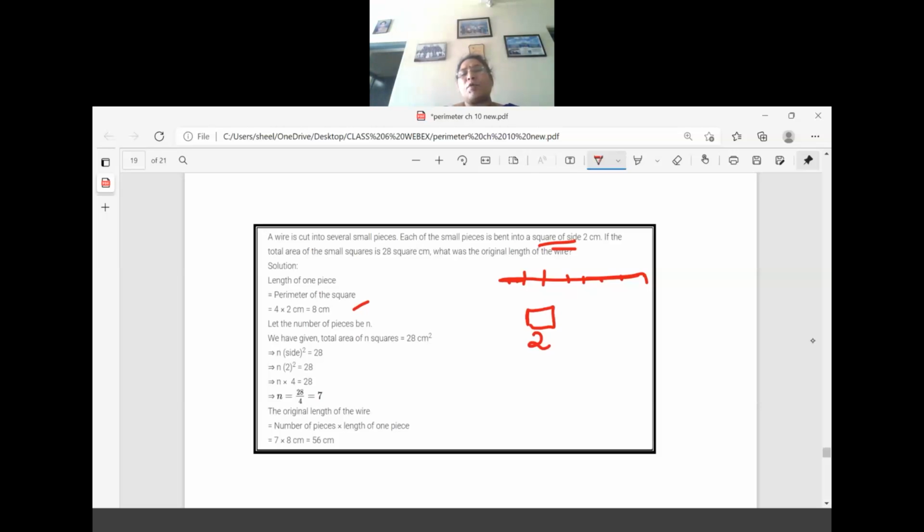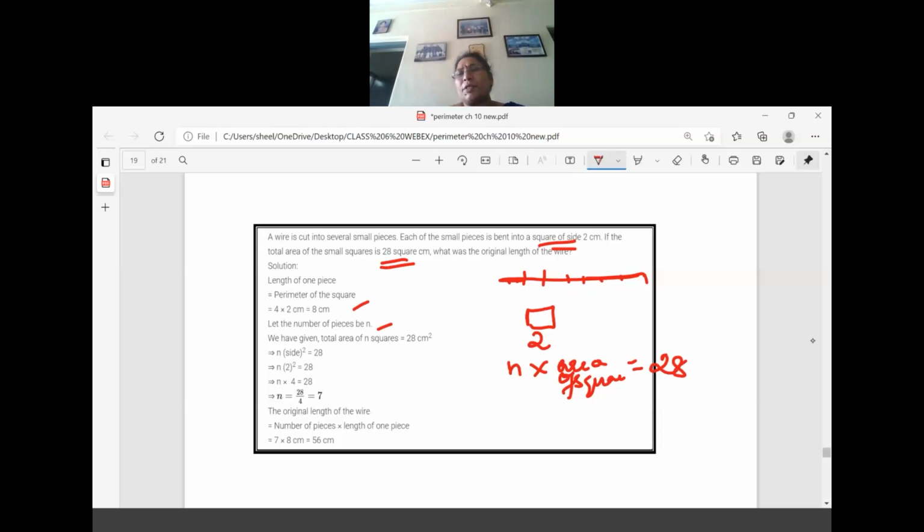Now how many pieces are there, we don't know, so let the number of pieces equal n, right? So now the total area of the squares is given. N number of pieces are there, so n into the area of the square equal to 28, right?